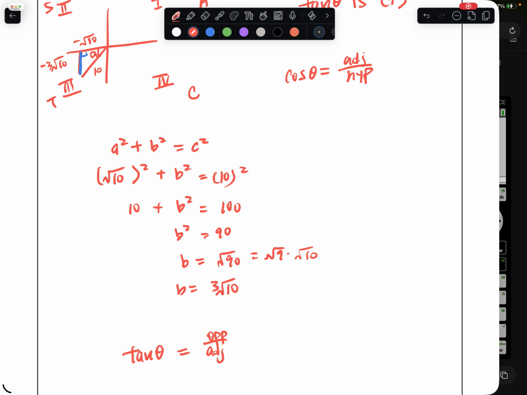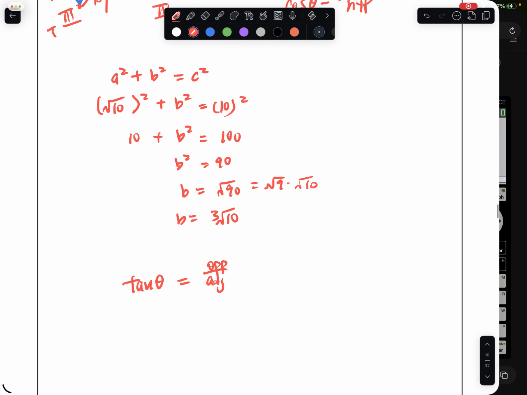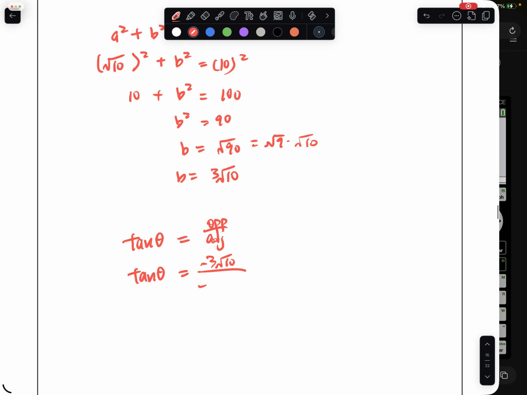I forgot to put that there, but just remember that it will be negative. It makes sense because I'm going down from the horizontal axis. So tangent of theta is equal to opposite over adjacent. Opposite to the angle, we have negative 3 root 10, and the adjacent, we have negative root 10. So that means tangent of theta is equal to 3.